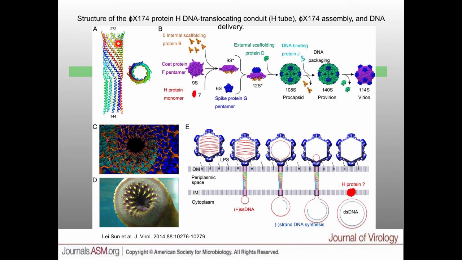The big surprise since the publication of the chapter in our textbook is the H protein, which, if you just look at virions, there's no obvious place that this H protein is. They're nice symmetrical virions. And then as soon as they associate with the LPS on the outside of the cell, this H protein makes this sort of one-way ticket whereby the genome is transported through that into the host cell.